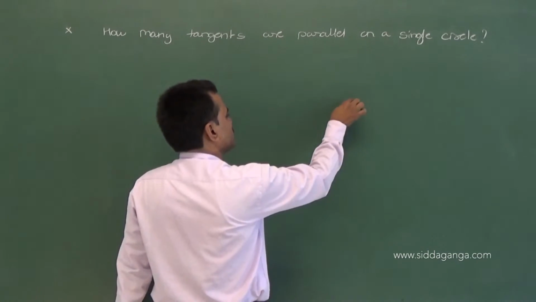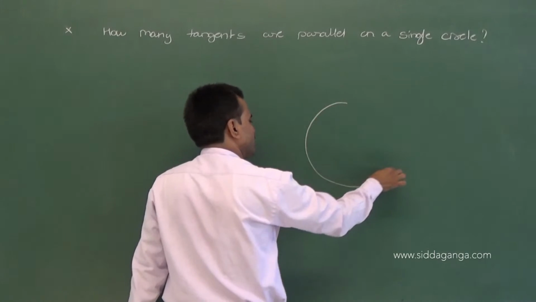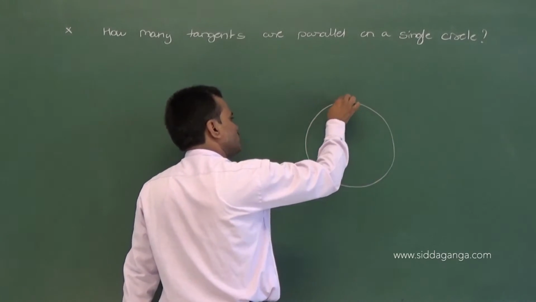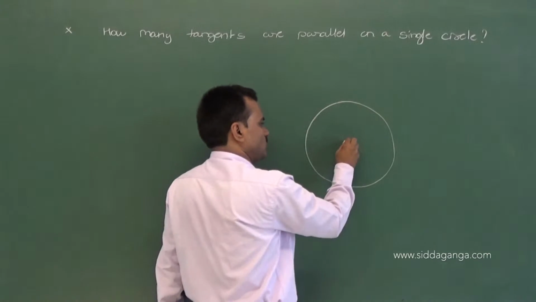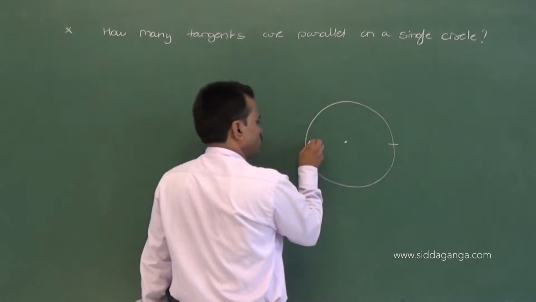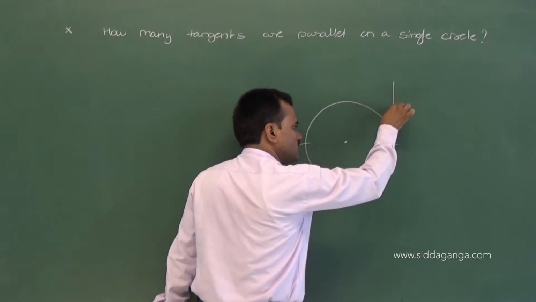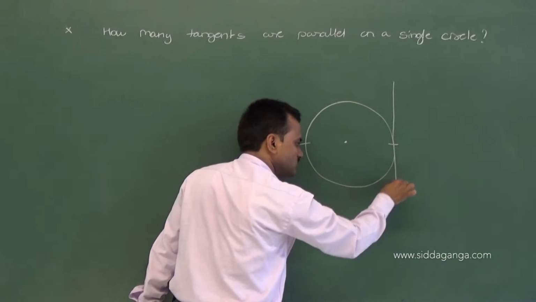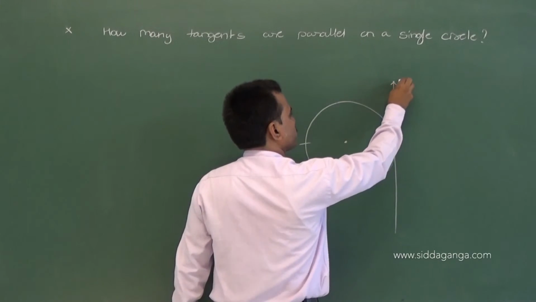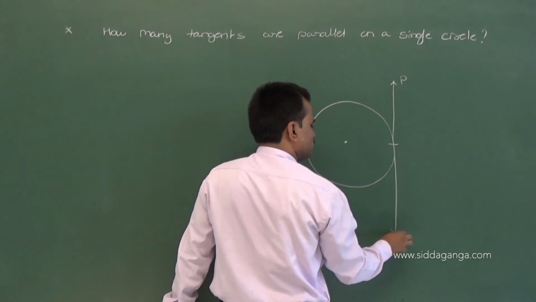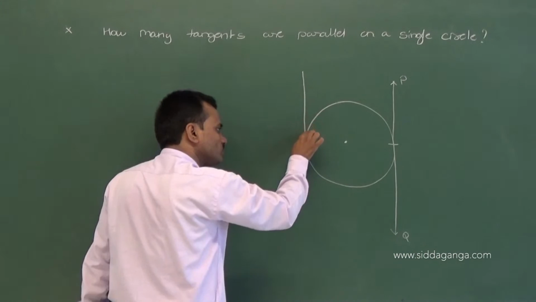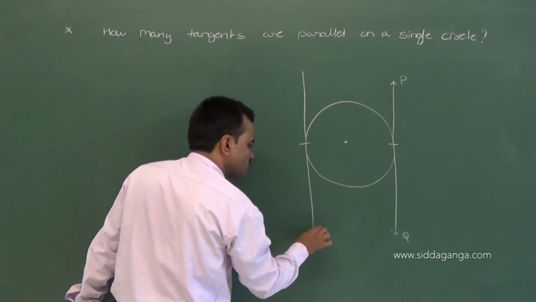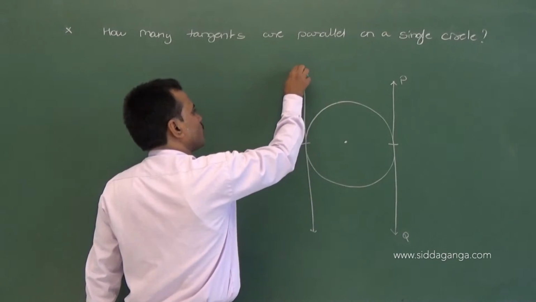For that, see the answer. I draw a circle. The center is the origin. These are the 2 points. This is one tangent, PQ. This is another tangent, RS.